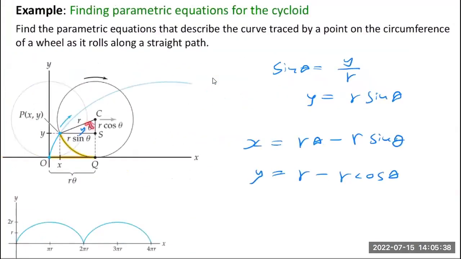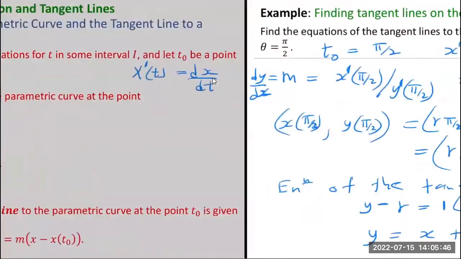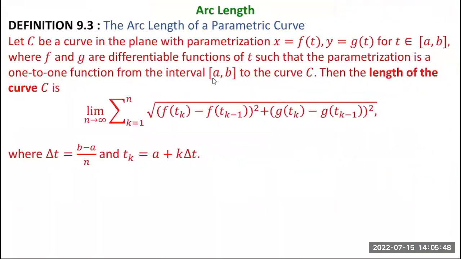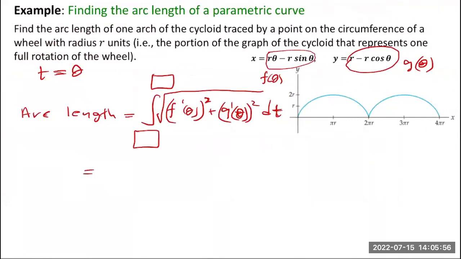In one full cycle, this angle theta was varying from 0 all the way to 2 pi. So theta goes from 0 to 2 pi. So this should be 0, this should be 2 pi. All we need to do is compute this integral.